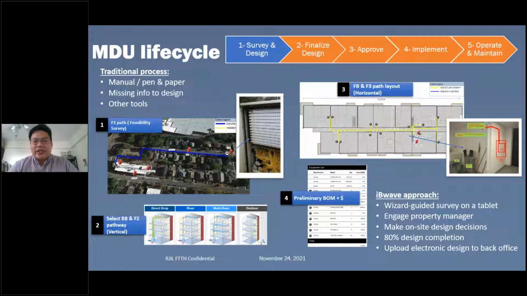We're able to generate a preliminary BOM. All this information can be immediately transferred back to the office so the designer can view the survey result immediately. So we're able to make on-site design decisions and meet about 80% of design completion when we are on site.